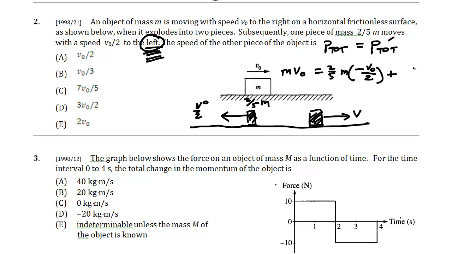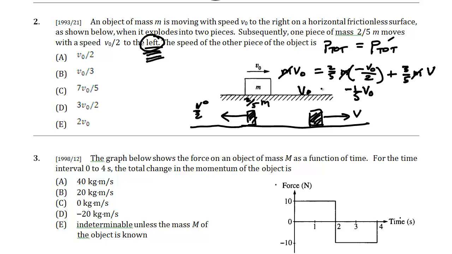And that is equal to the momentum of that particle plus the momentum of this particle, which has to be 3/5 m, moving at v, which we want to calculate. This ends up being negative 1/5 v0. We can cancel m's right away because it's in every term.